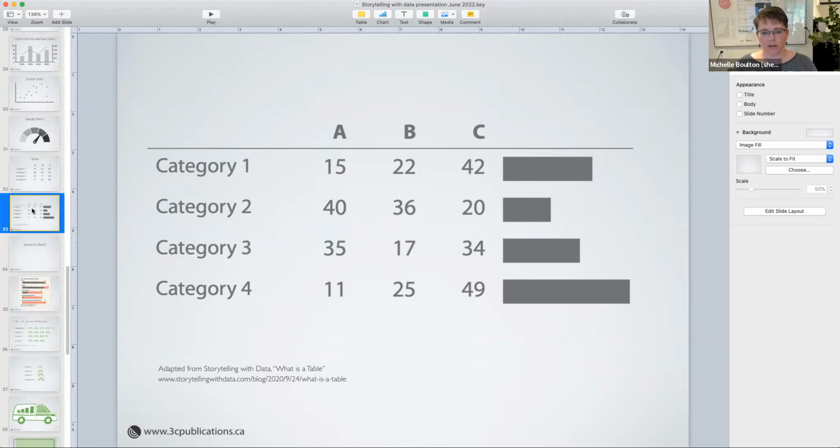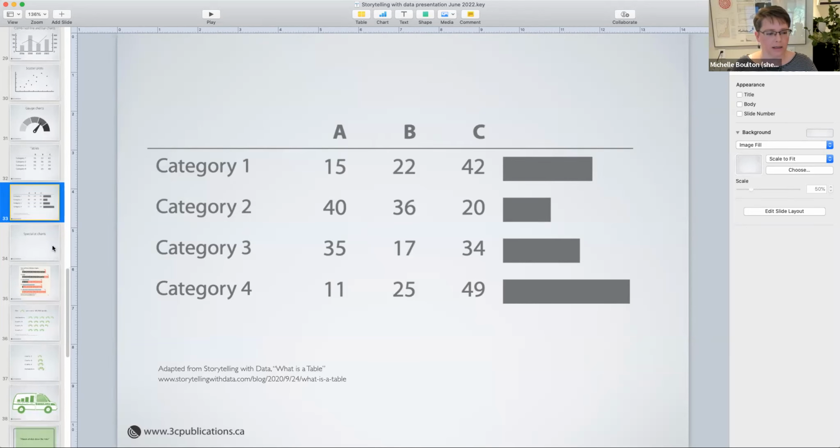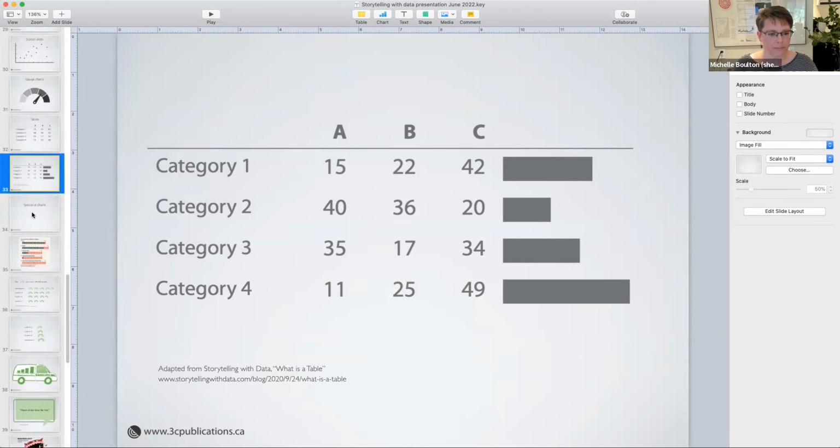Now, don't start looking at the numbers and expecting the chart to add up, because I literally just randomly plunked information in here and made some rectangles at the end. But it gives you the idea of what that could look like. Another example could be a heat map, where you would make some of the highest numbers darker and some of the lower numbers maybe less obvious.